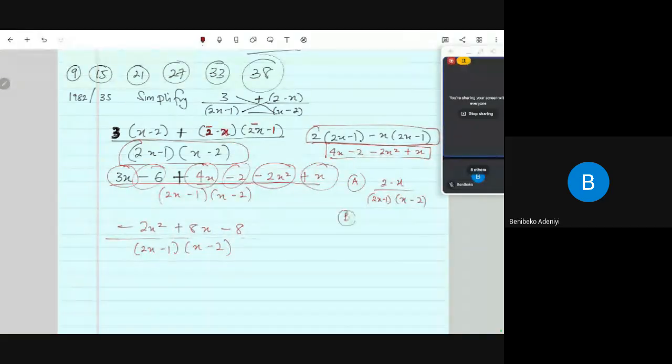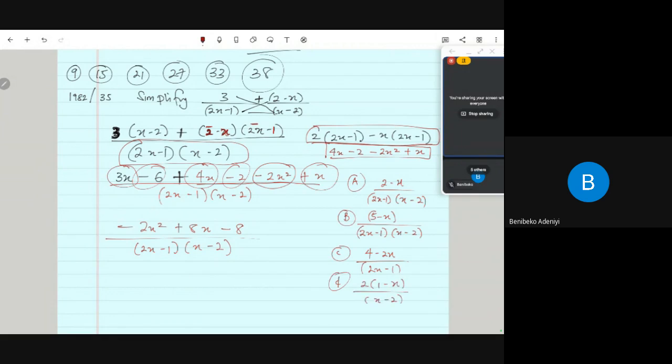Option B, 5 minus x over 2x minus 1, x minus 2. Option C, 4 minus 2x over 2x minus 1. Option D, 2 into 1 minus x over x minus 2.